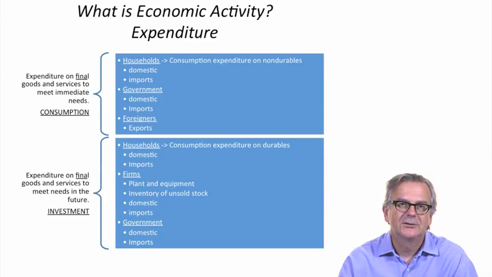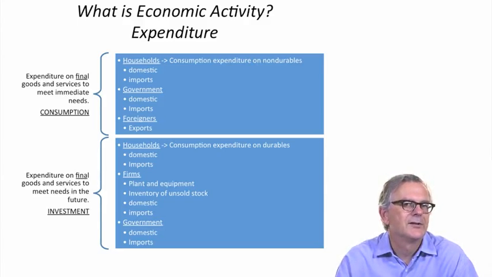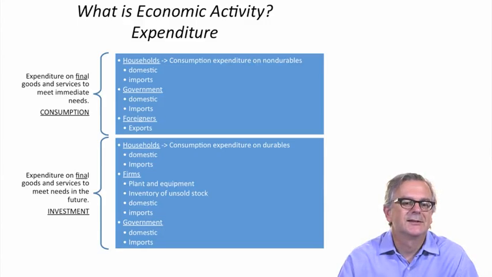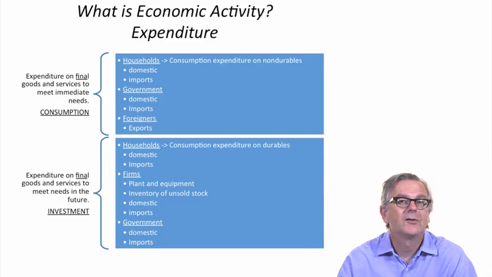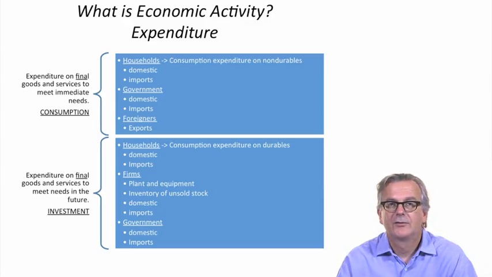For households, investment involves expenditure on what is known as durable goods. An electrical appliance, a stereo system, for example, is a durable. It's something that is purchased now, but it's going to continue to meet needs going into the future. Once again, we need to keep track of whether that expenditure is on goods and services made domestically, or is it indeed an import from another country.